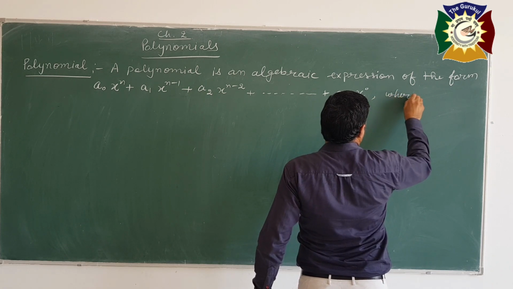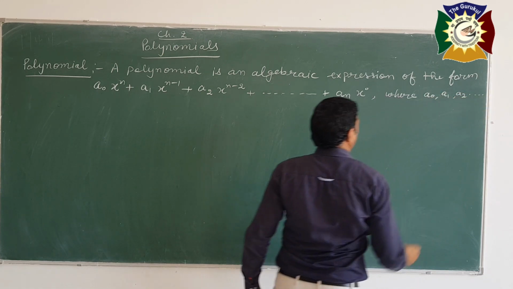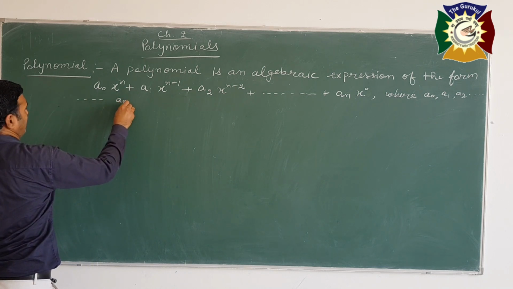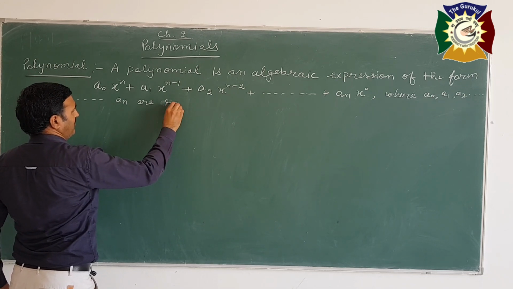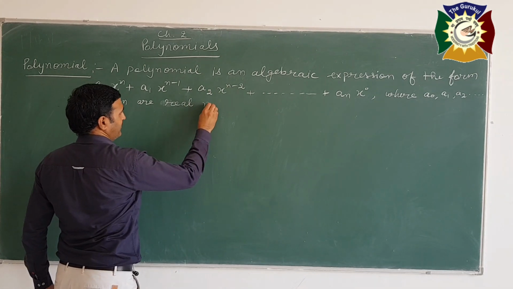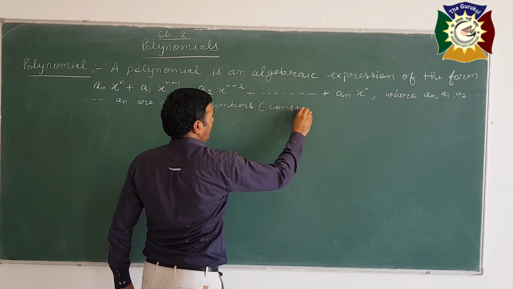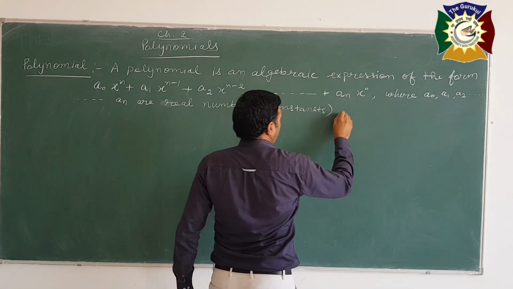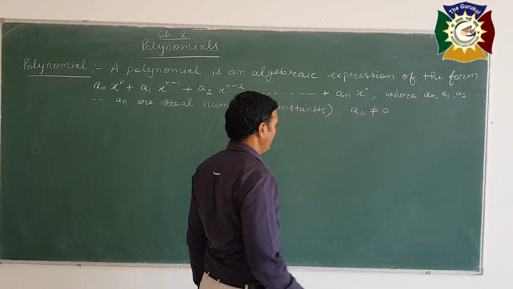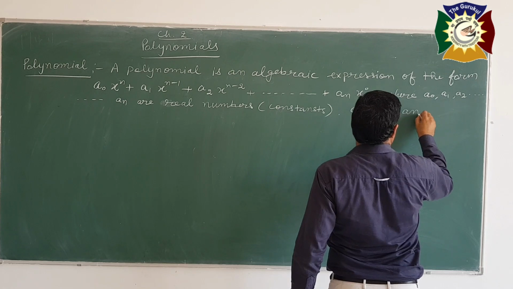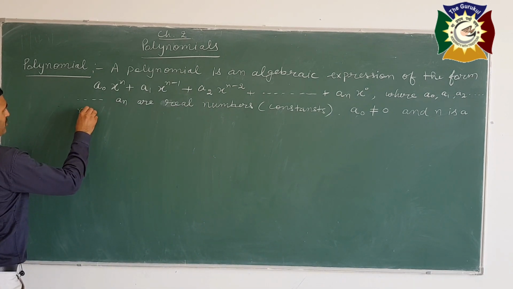where a naught, a1, a2 and up to an are real numbers, or you can say constants, in which a naught is non-zero and n is a non-negative integer.